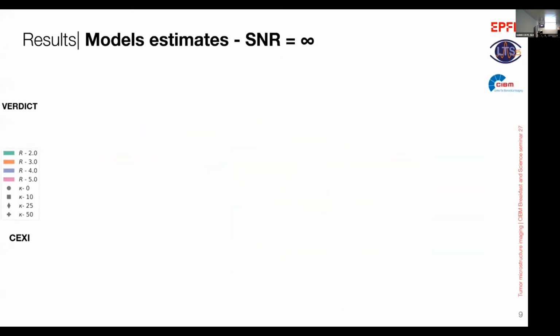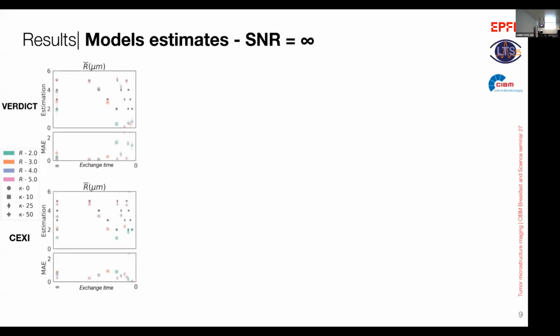So now if I move to the model estimates and the results for noiseless data, I will show you the estimates for Verdict and for SEXY. So if we start with the cell size, what is interesting in this plot is that in the case of very permeable substrates, you can see that Verdict, so the plot on the top, is not able to estimate the cell size.